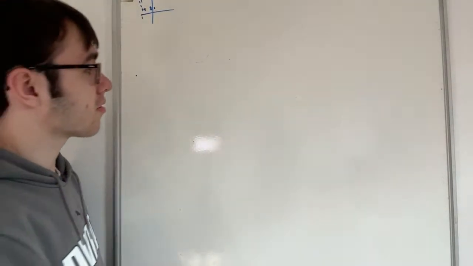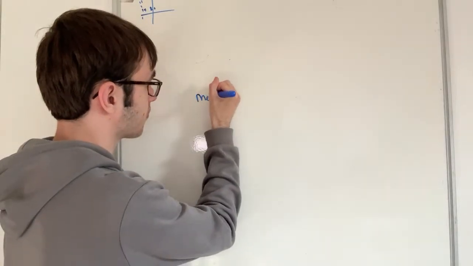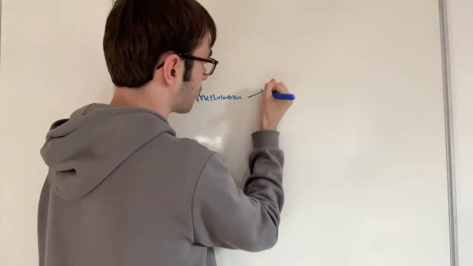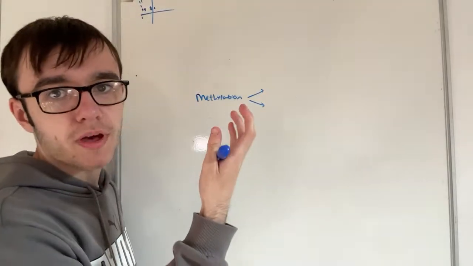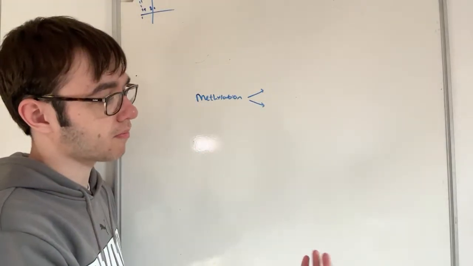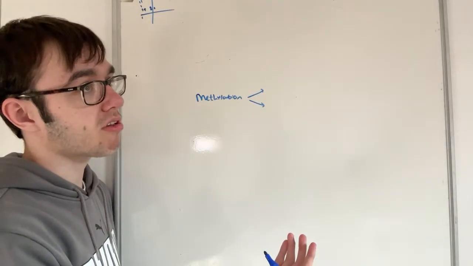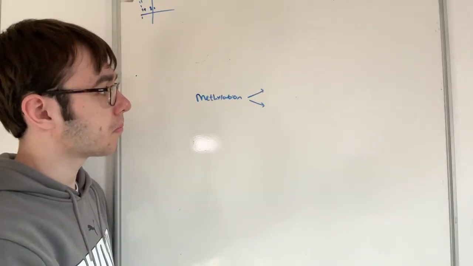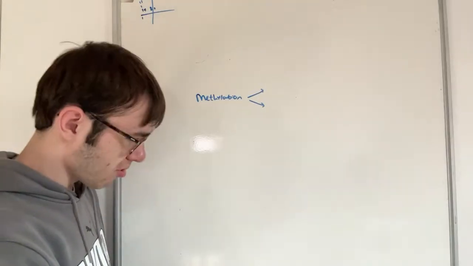So methylation can either lead to the histones becoming tighter or looser. What that means is that, what does it mean?